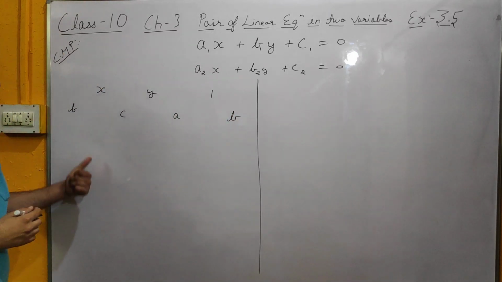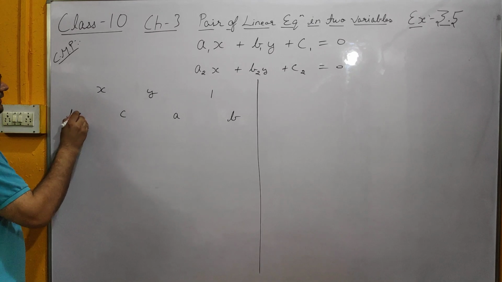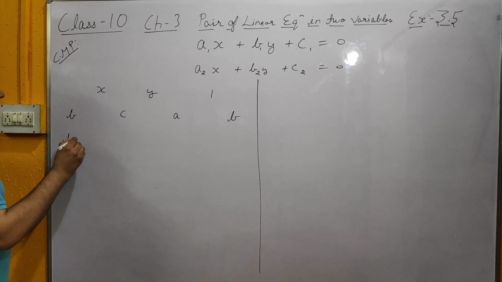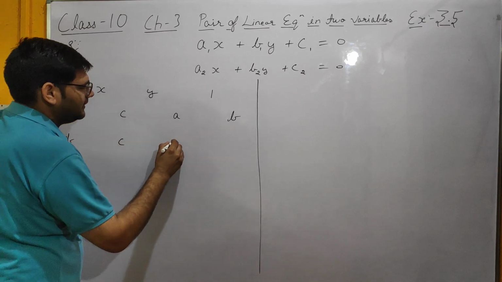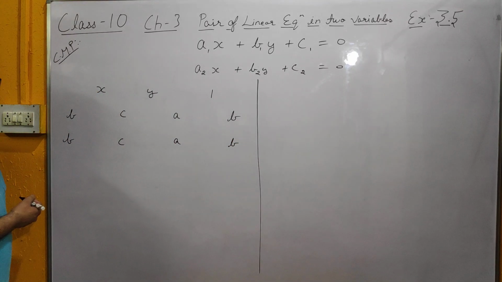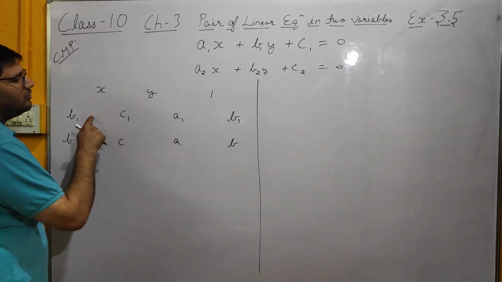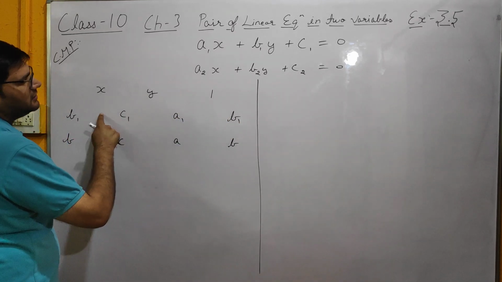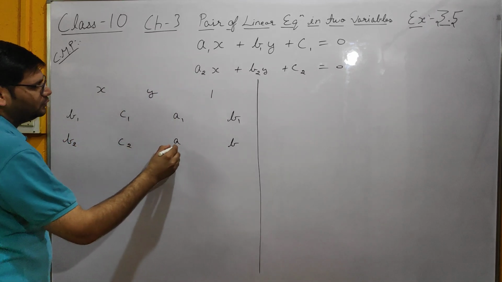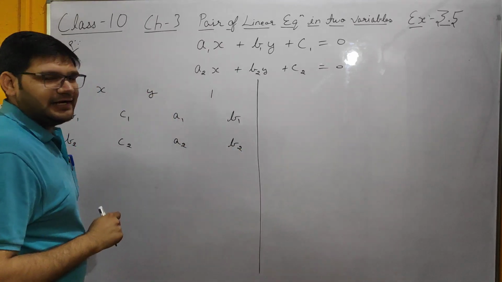So we started writing with b, then c, then a, then b. Repeat the same: b, c, a and b. Now 1, 1, 1, 1, because these integers will be from the first equation, and 2, 2, 2, 2, these integers will be from the second equation.